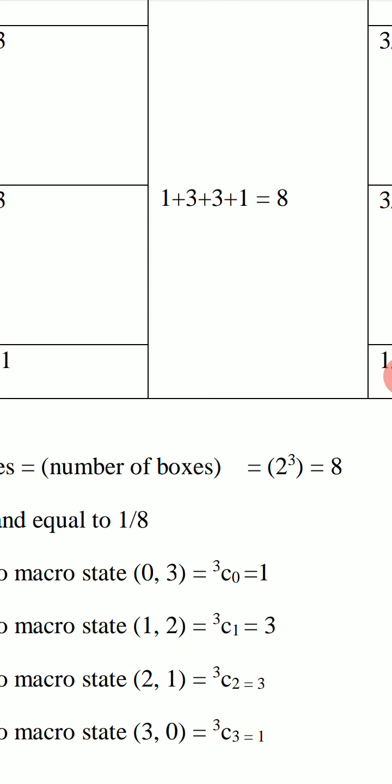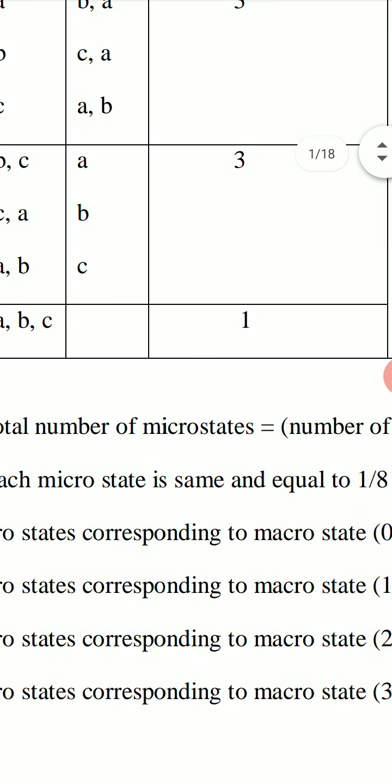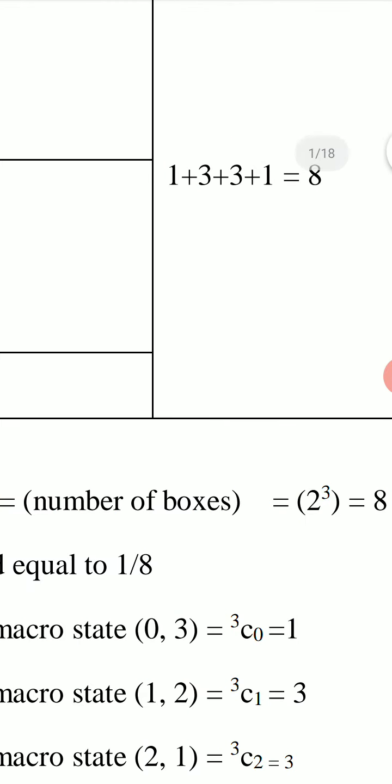Correct this: the total number of microstates will be equal to the number of boxes to the power of the number of particles. So we have 2 to the power 3.